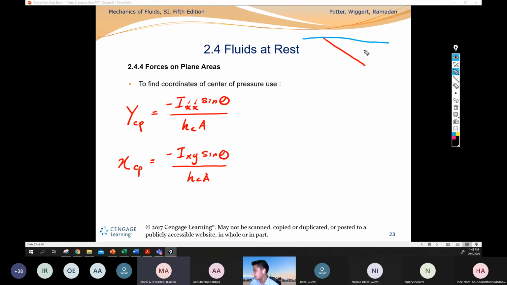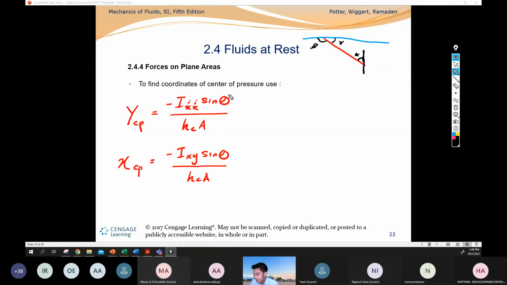This is the vertical. Is it alpha, beta, or gamma? I think gamma. Which one is correct? Gamma.